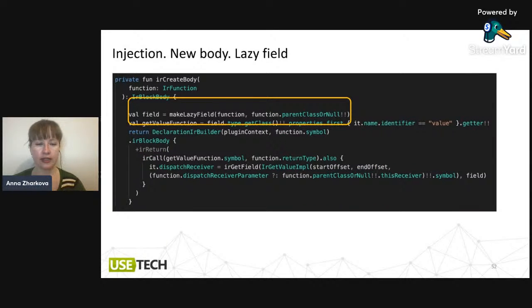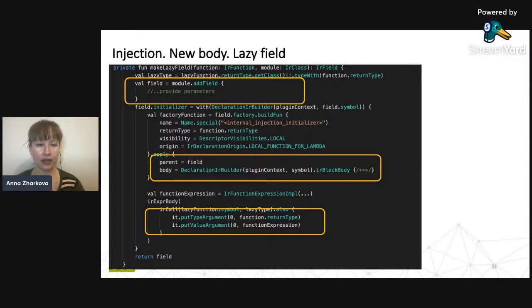At first, let's create the lazy field, because we will work with a lazy field, and this lazy field will contain some kind of lambda. Here is how we will do this. At first, we need to specify some parameters of our field, and then with this field, we need to provide the initializer.